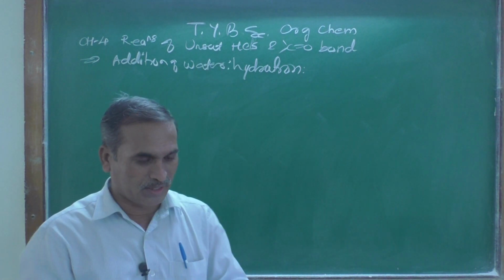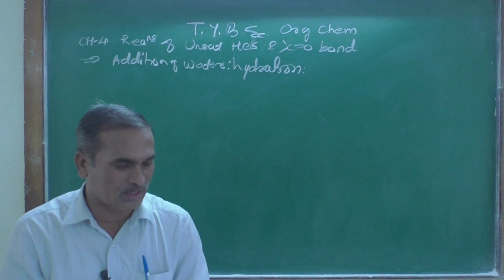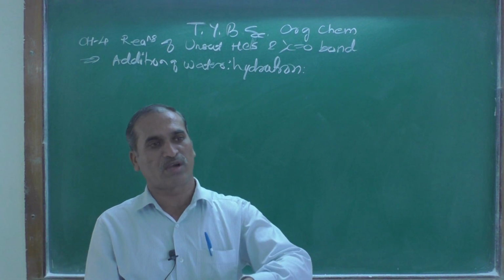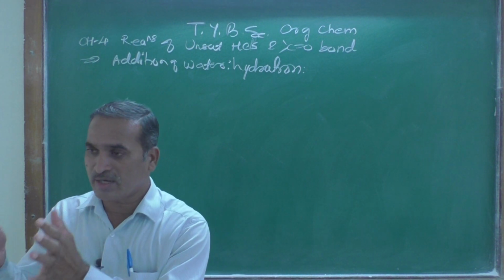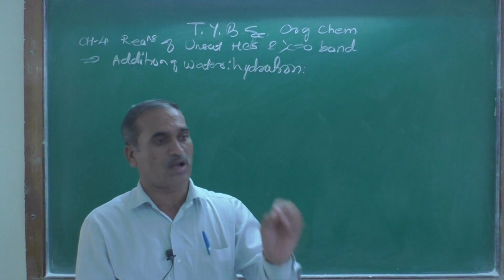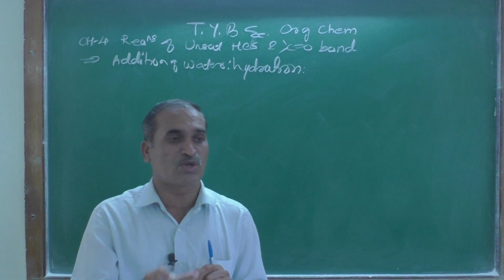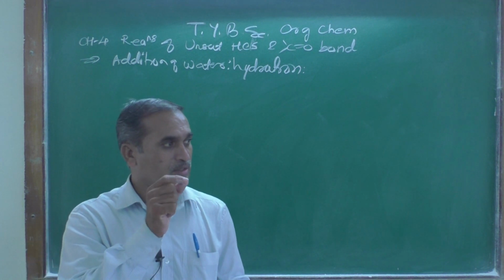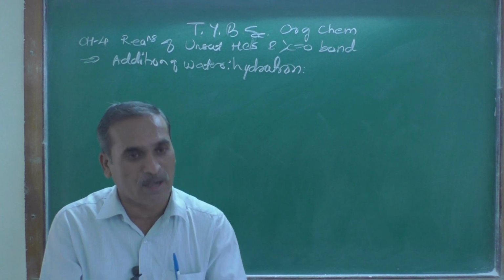Like the alkene, this reaction is also an electrophilic addition reaction, and water gets added across the carbon-carbon triple bond, but in the presence of sulfuric acid and HgSO4. HgSO4 means mercuric sulfate.